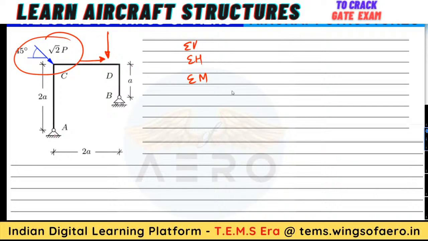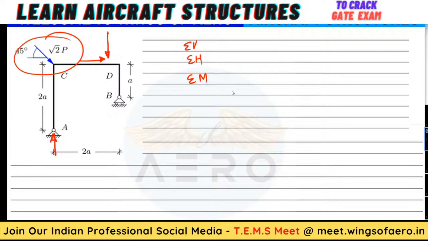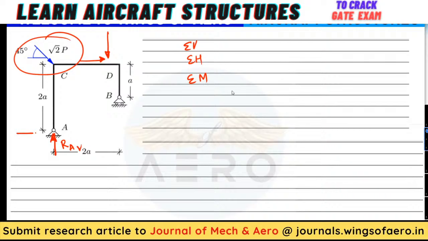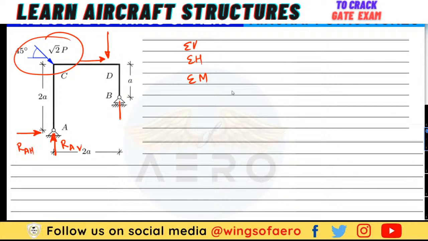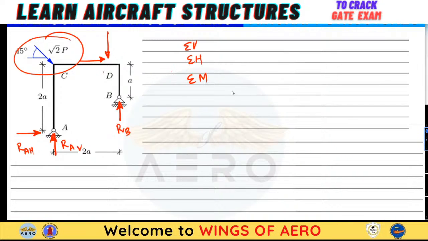Since it is a hinge, you will have R of A vertical, and one in the horizontal direction, R of A horizontal. This is a roller, so it only has one direction, R of B, right? When you resolve this, you will know what the P value is.